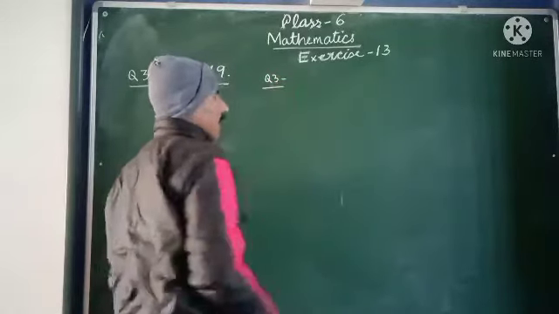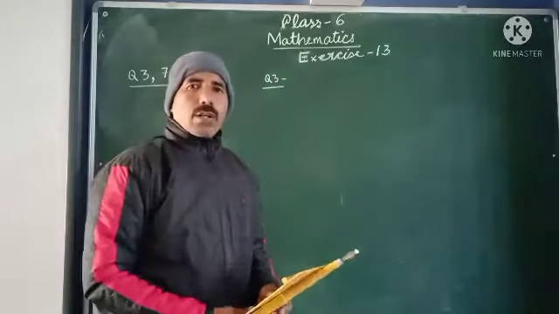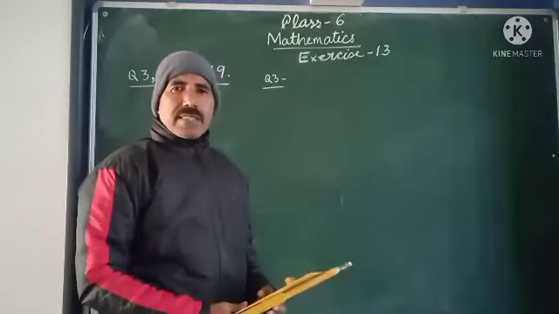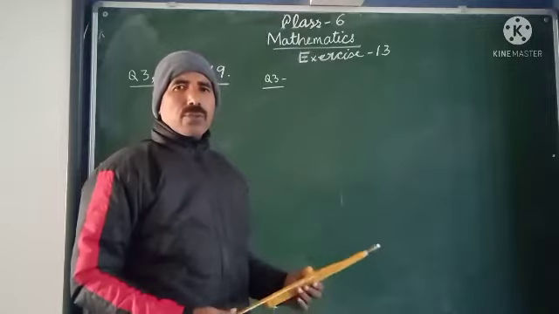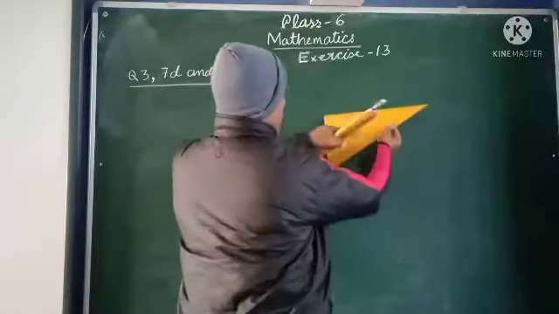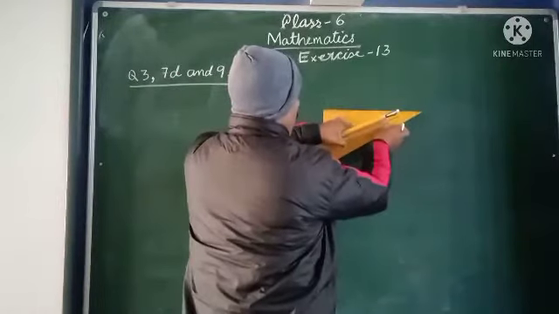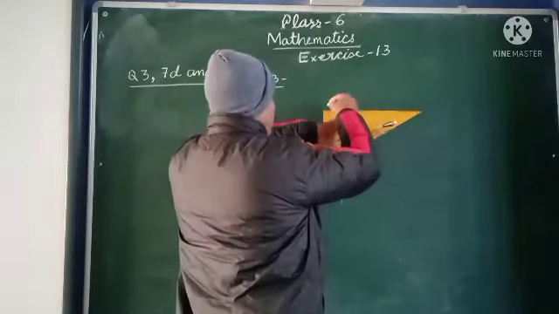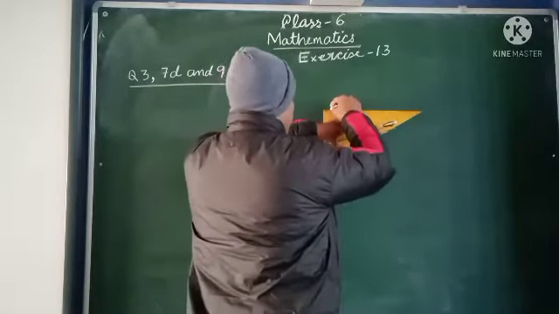In question number 3 it is asked to draw a line segment of 10 centimeter length and divide it into 4 equal parts. So first of all we will draw the line segment of 10 centimeter long.